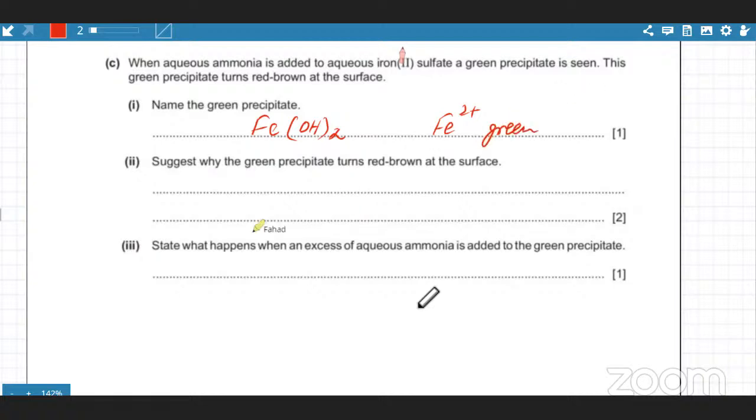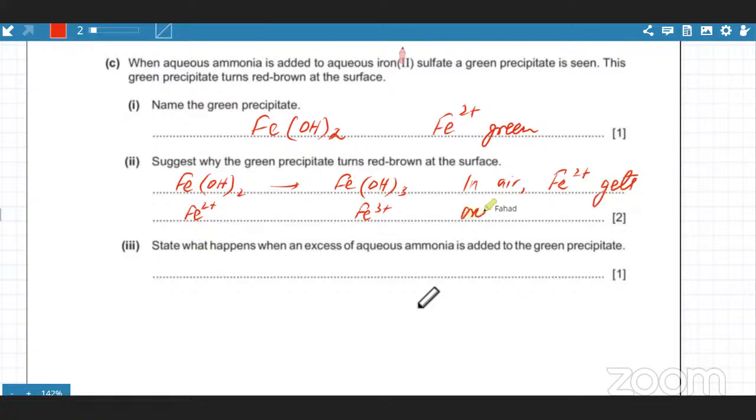Now, what happens after some time? Fe(OH)2 changes into Fe(OH)3. So this is basically an Fe2 plus precipitate. This is an Fe3 plus precipitate. So in air, Fe2 plus gets oxidized, and it ends up forming this brown precipitate, or what's the color?